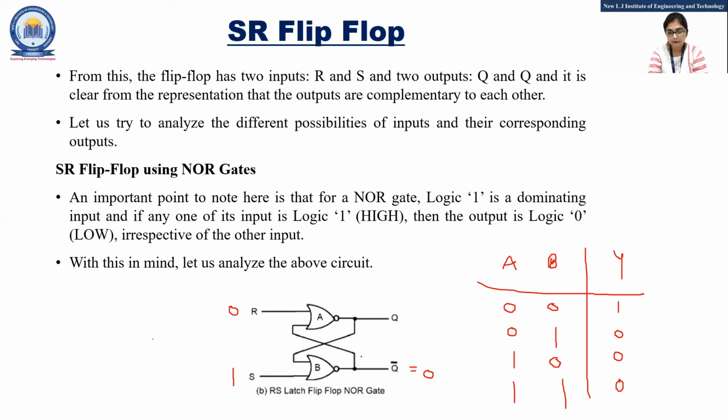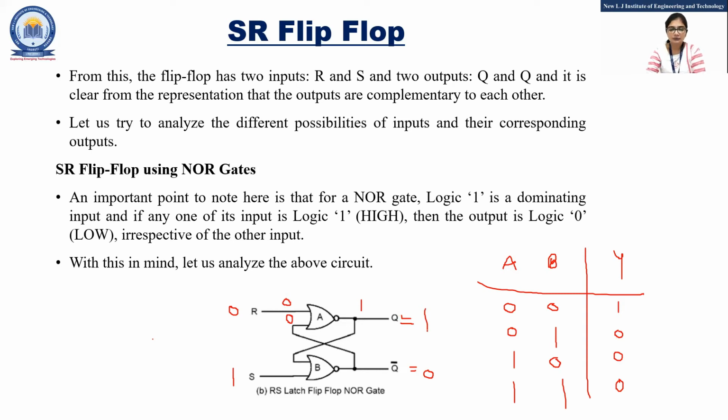Now this 0 we are applying to NOR gate A. Q dash is one of the inputs of NOR gate A. So here two inputs are there, 0 and R is also 0. You can see here 0, 0 means at the output terminal we are getting 1. So here we will get 1, means Q is equal to 1.